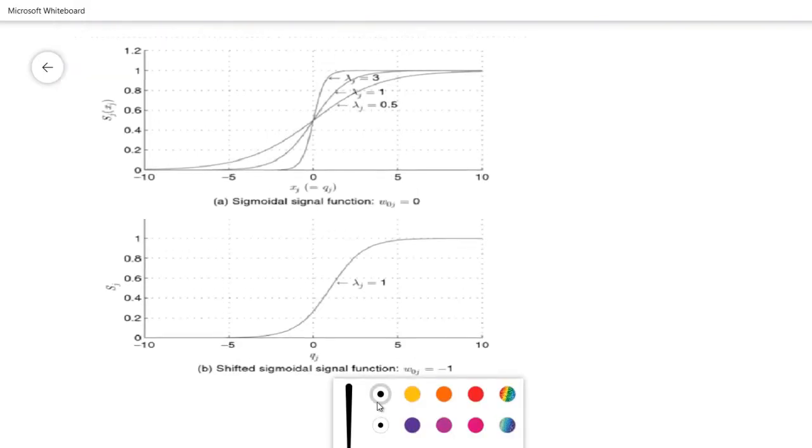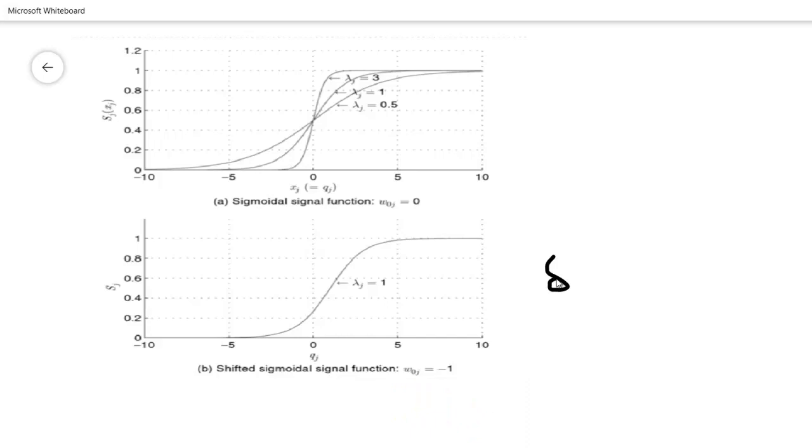It is given by the equation delta j of xj is equal to 1 divided by 1 plus e to the power minus lambda j xj.